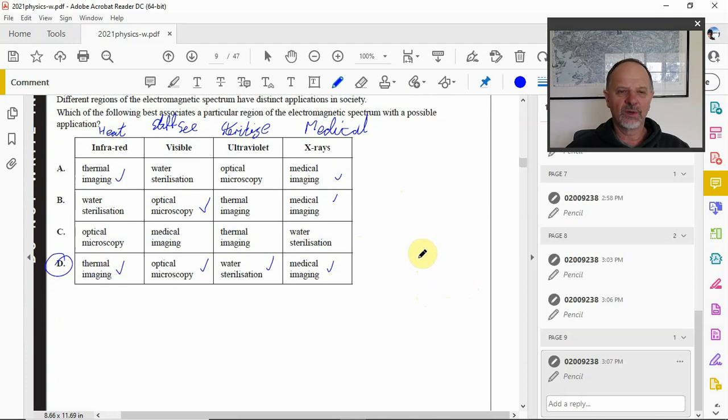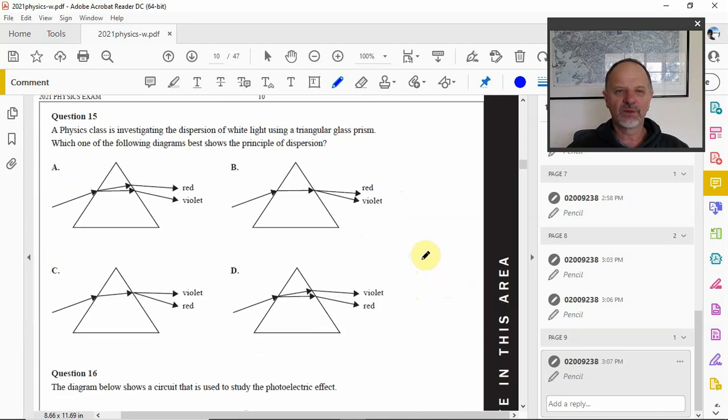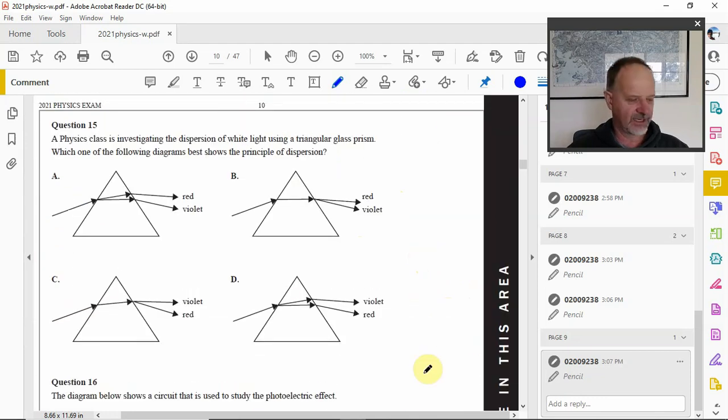All right, one more question in this video we will look at, and that's question 15. A physics class is investigating dispersion of white light using a triangular prism. Which one of the following best shows the principle of dispersion? Okay, so dispersion is the splitting up of the light.